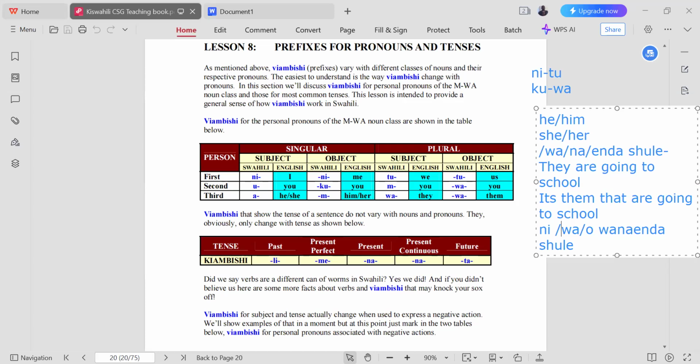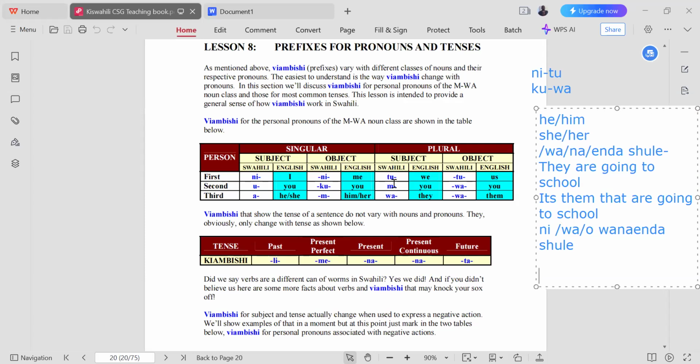Now let's go back to, for example, the second person pronoun. I'll be concentrating on the plural aspect. Remember, look at the plurals page on the second person. The one is M. Are you seeing the M?